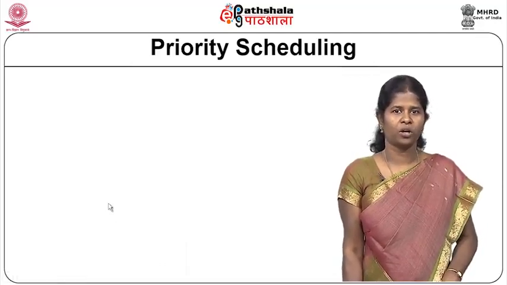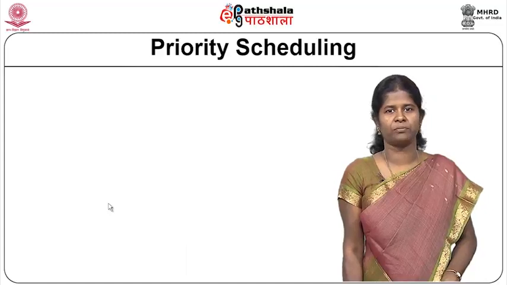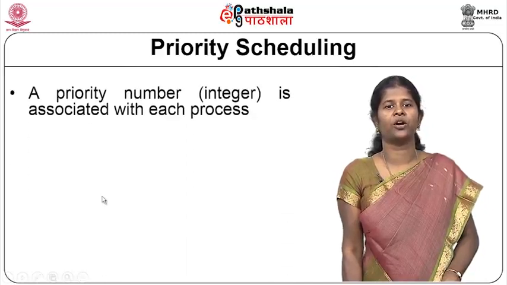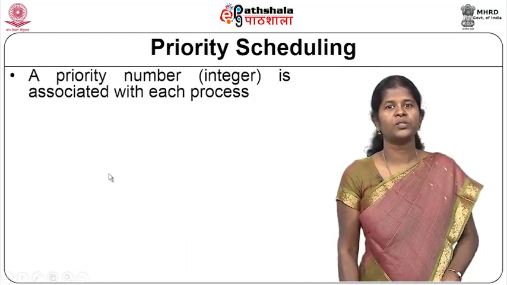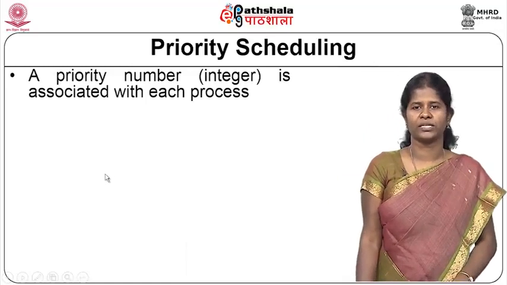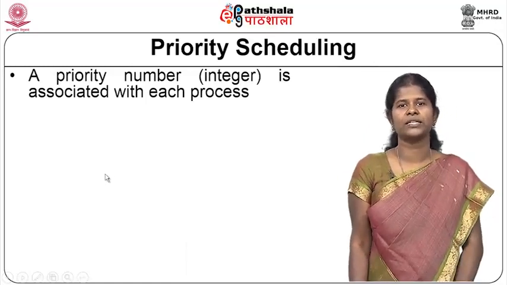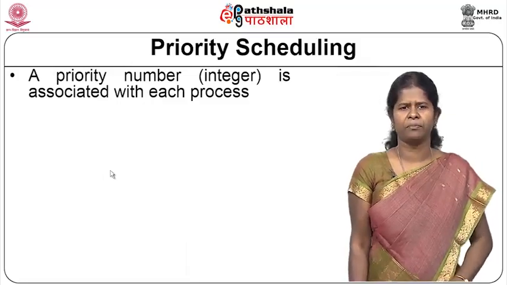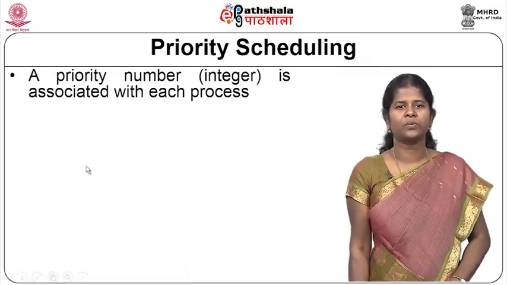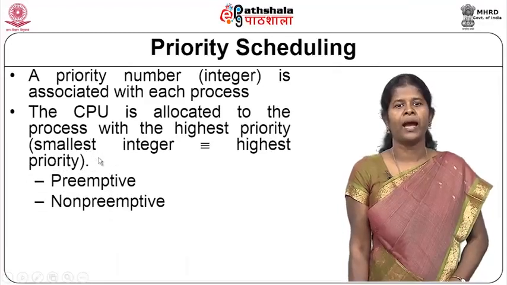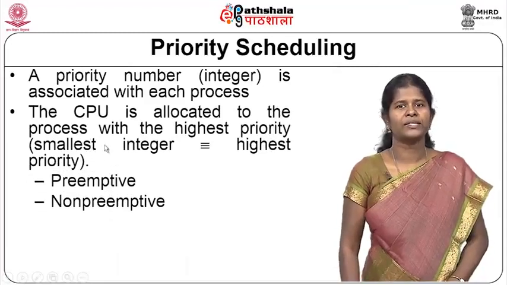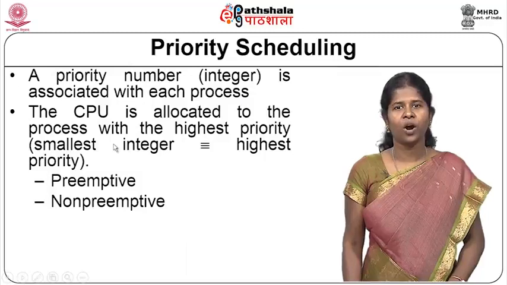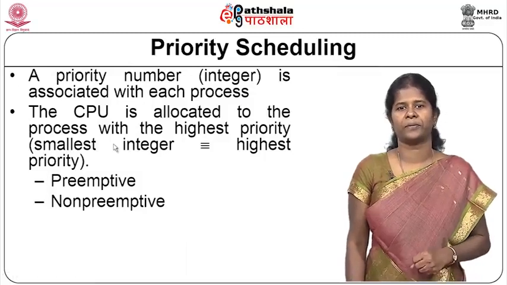Now, we will move on to the next type of CPU scheduling called priority scheduling. So, in priority scheduling, what is done? Each process is assigned a priority, which is just a number or an integer given to each process, and the CPU is given to the process which has the highest priority.